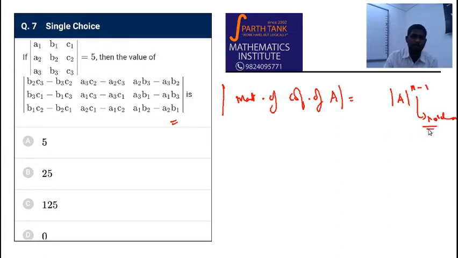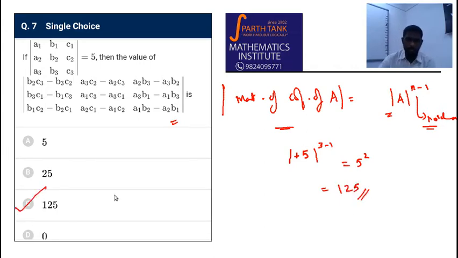It's quite simple to derive from the definition of inverses. So if the determinant is 5 and the order of the matrix is 3, the matrix of the cofactors of A's determinant value will be 5 power 3 minus 1, or 5 square, 125.